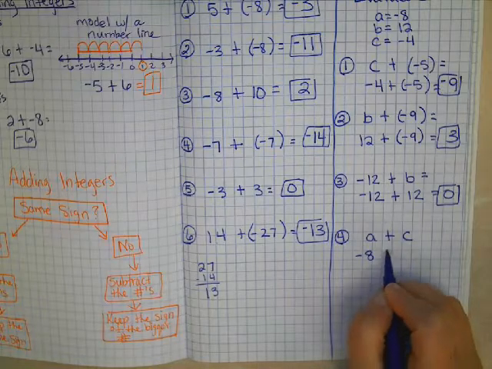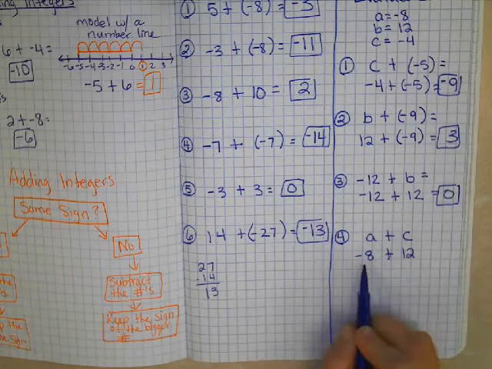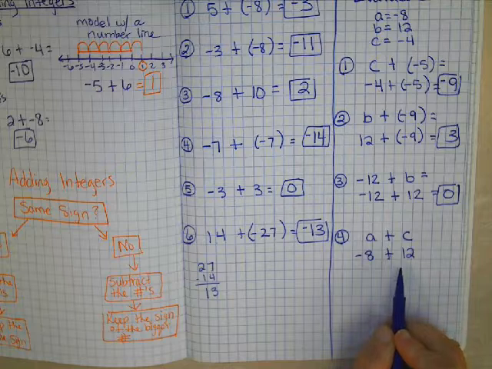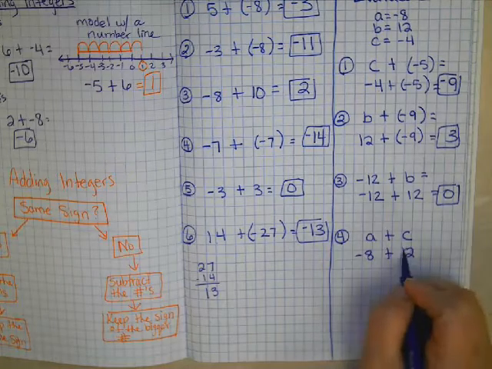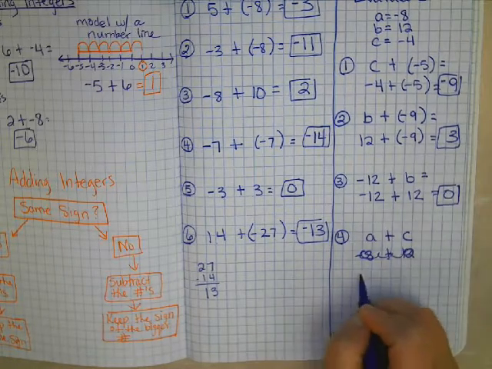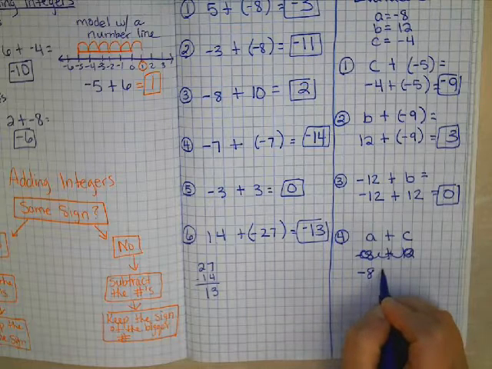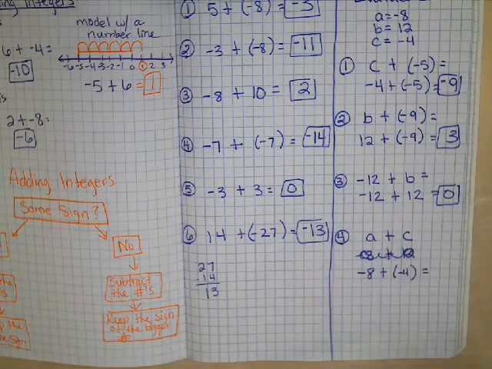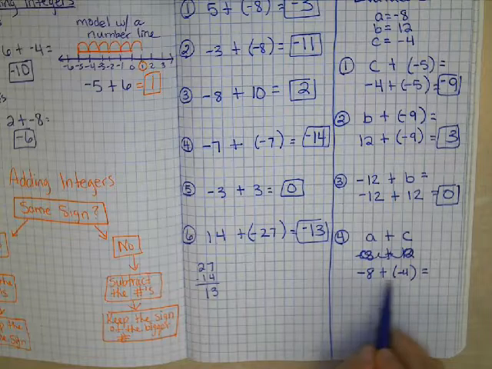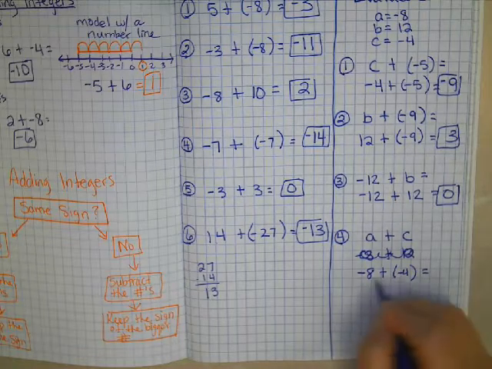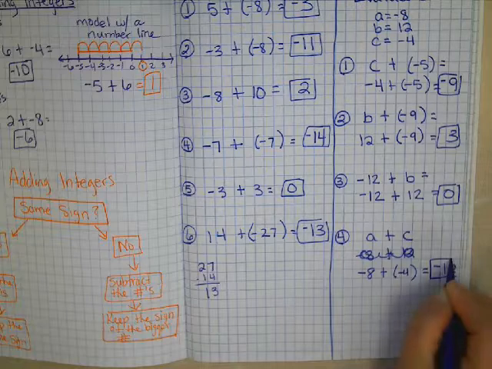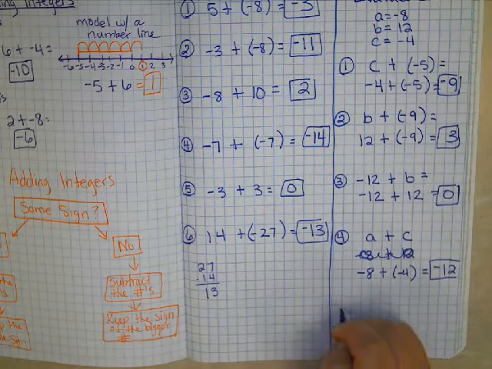Oh, wait. Nope. C. Let's rewrite this one. A is negative 8, and C is negative 4. So be careful when you copy those down. My signs are the same, so I add 8 plus 4 is 12 and keep the sign. Negative 12.